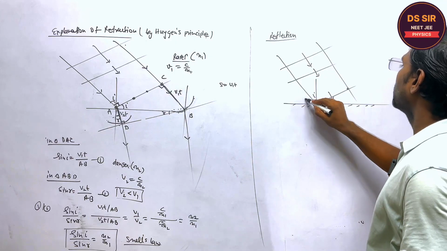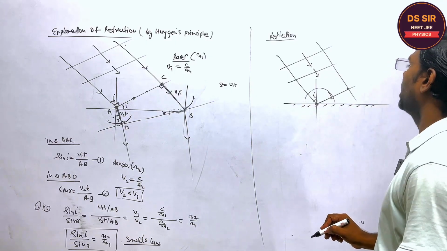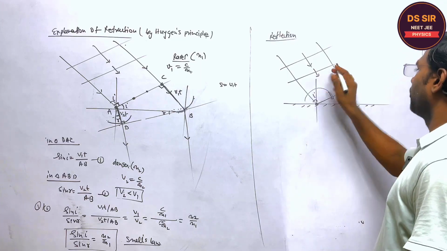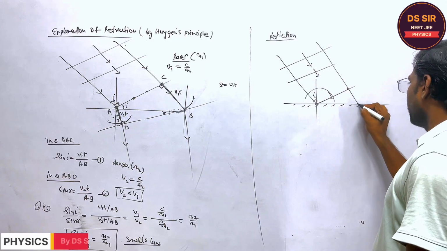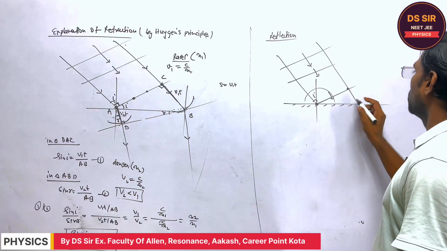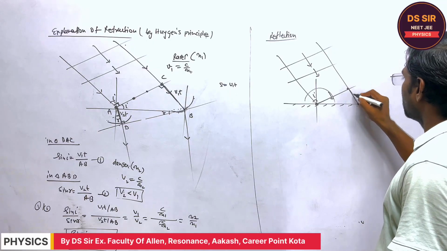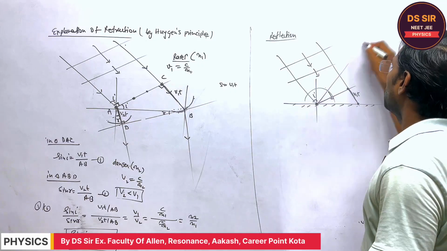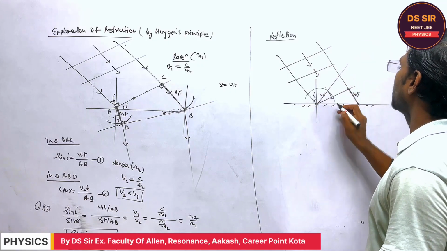So from here spherical wavefronts are emitted in the forward direction, and after some time it will produce the spherical wavefront also. So if this is V1 into T, this radius is also V1 into T. Is it clear or not?